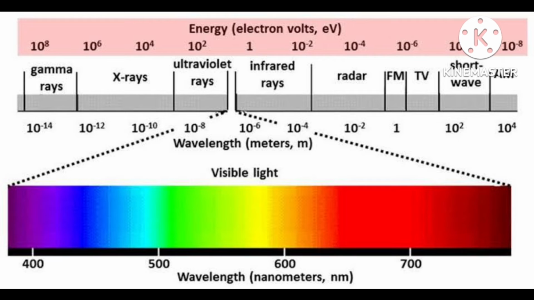Wavelength should have the units of length, and as we know the SI unit of length is the meter, small m. Since electromagnetic radiation consists of different kinds of waves of much smaller wavelength, smaller units are used.